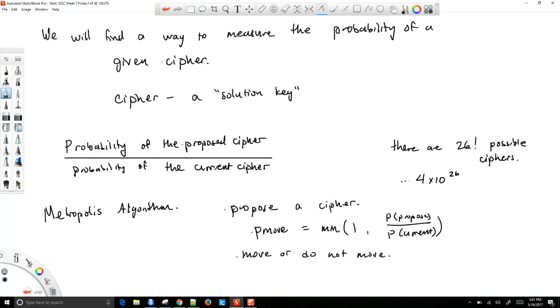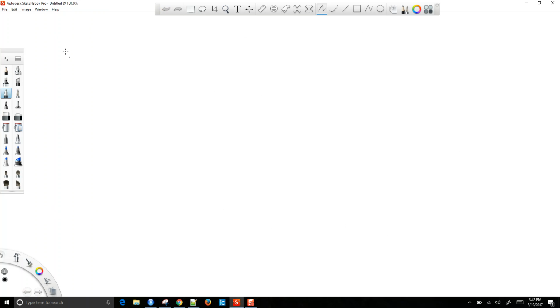However, we have to think. I don't want to get into the way we're going to measure the probability here, but basically we're going to look for common word patterns and letter combinations. So if you see the letter Q, what's almost certainly going to be the letter that comes after?